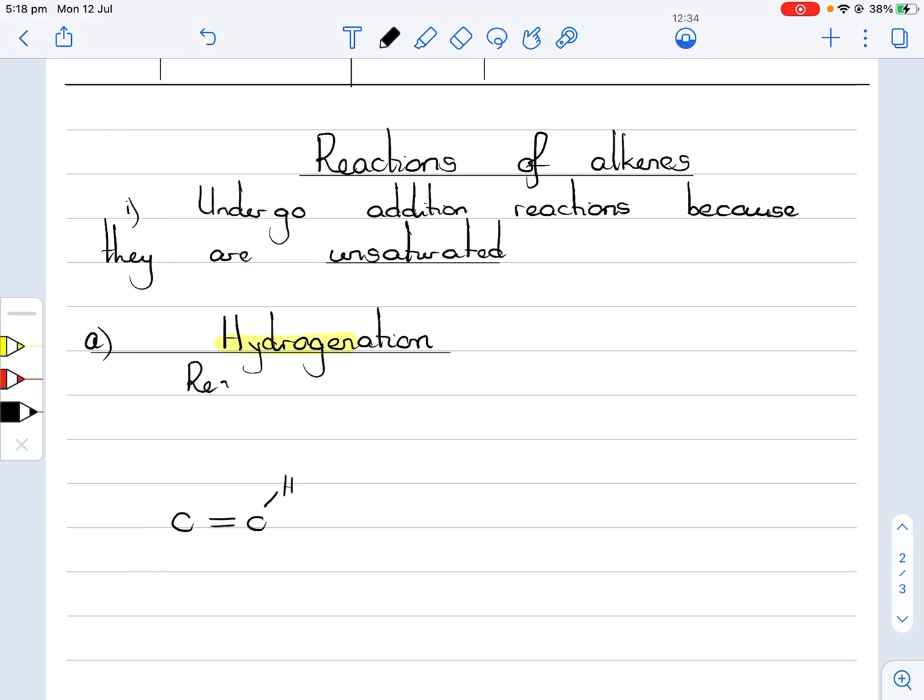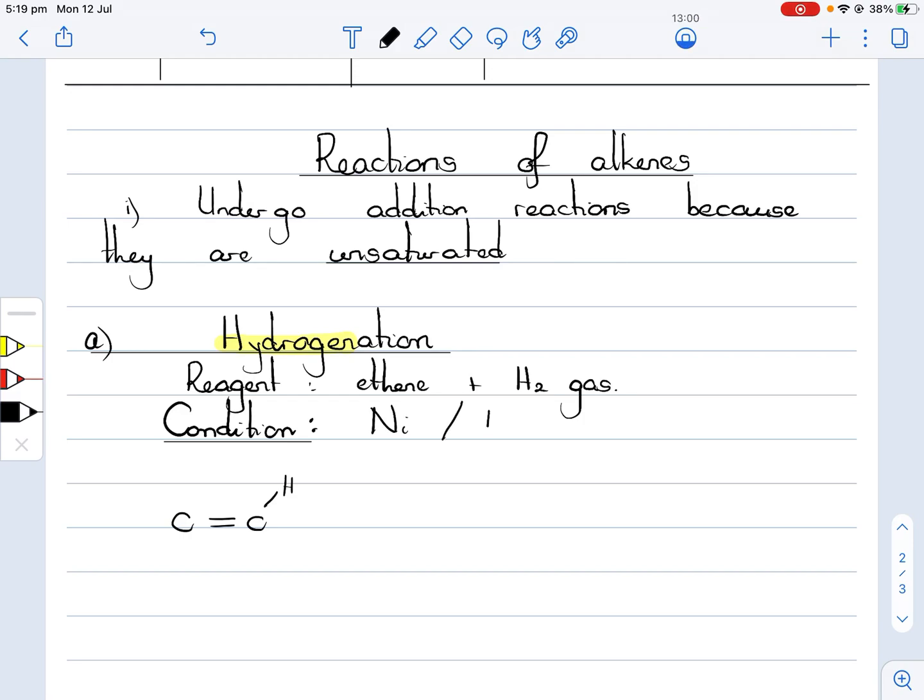My reagent is going to be ethene, and ethene is going to be reacting with hydrogen gas. For any alkene to react with hydrogen, there are conditions that must be met. We need a catalyst.